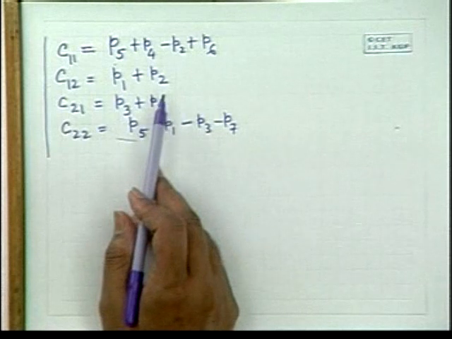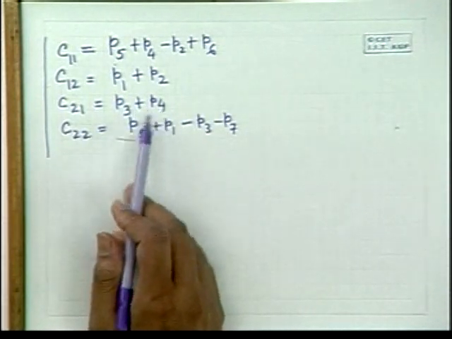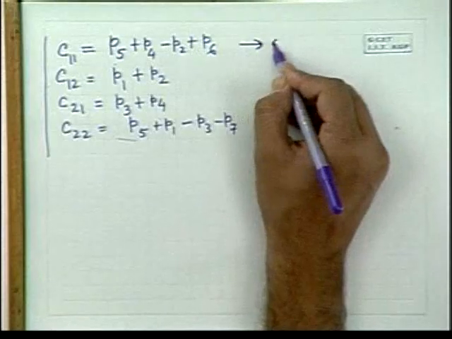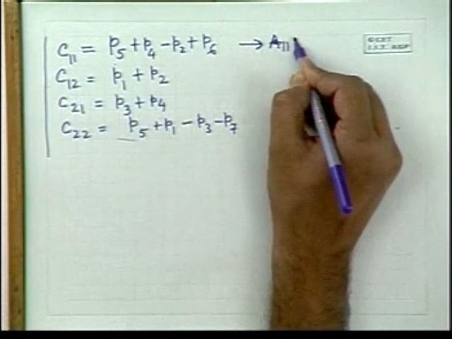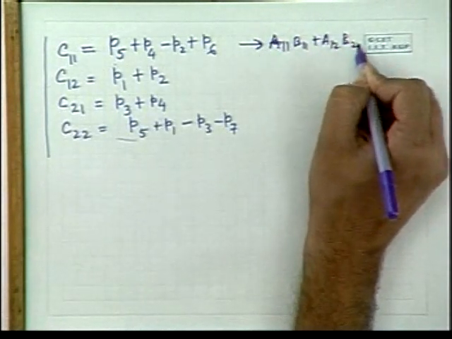Additions are nice because additions of two matrices take only order n square time. It is the multiplication of matrices which is costly, which we want to avoid. If you verify, this will give you actually A11 B11 plus A12 B21.